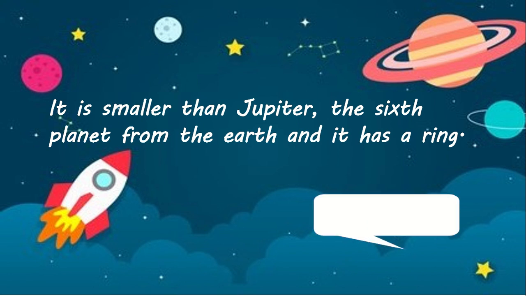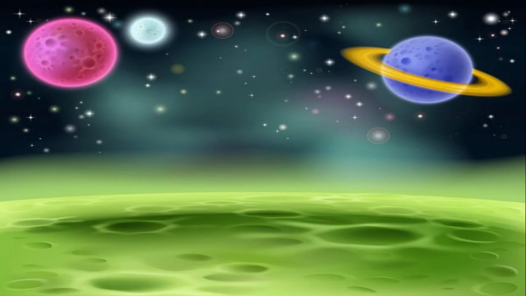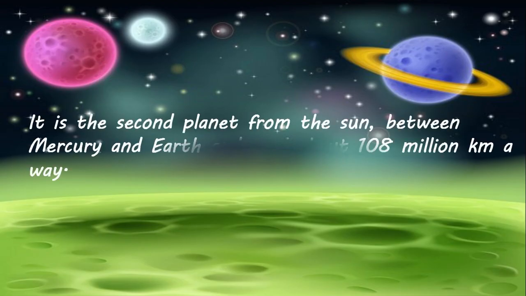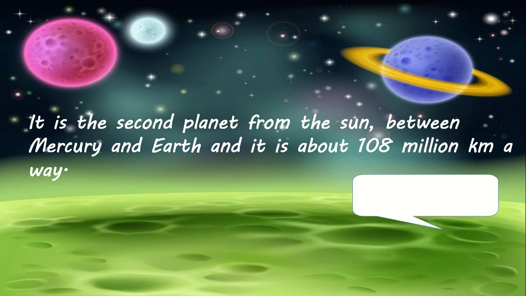So it is, yes, Saturn. Well done. Okay, now it is the second planet from the Sun between Mercury and Earth, and it is about 108 million kilometers away. Which one? Yes, my students, it is Venus. Well done. Good.